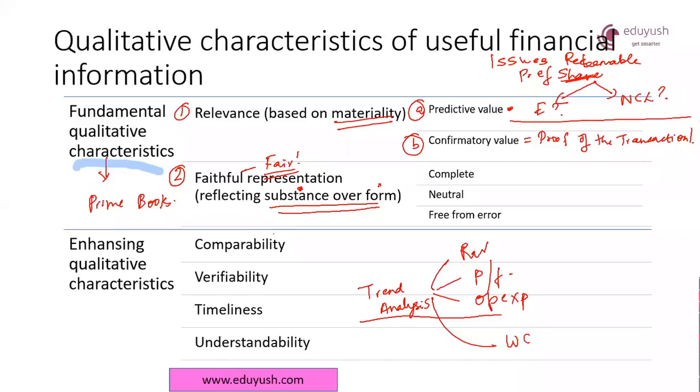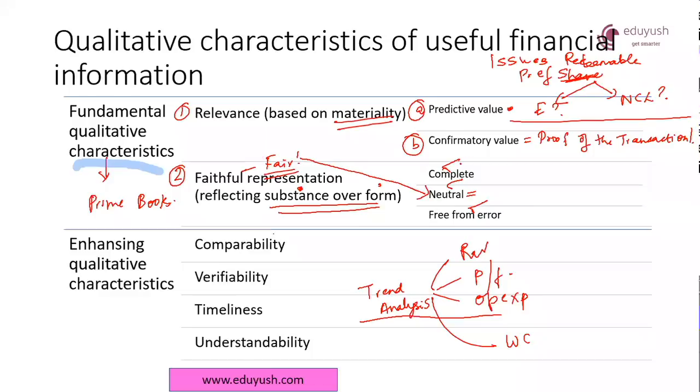Is that clear? Yes. Now, while doing it, there are 3 qualities we must remember: complete, neutral, free from error. Neutral means what? Being unbiased, right? Yes. Not to take any sides. Over and above that, that is neutral.